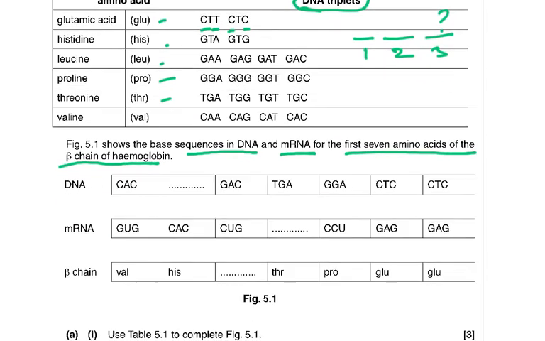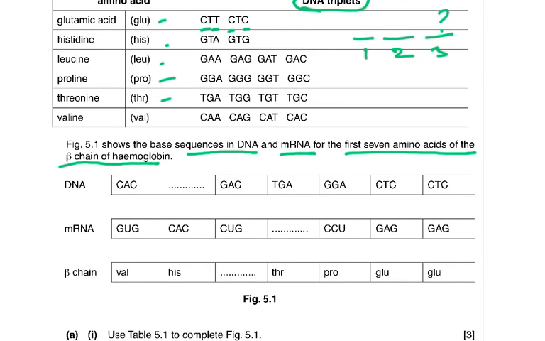Right? Now they've given you the mRNA. The mRNA is CAC. Now what will be the DNA of that? That will be GTG. Go from here back. Then for this one, they've given you the DNA TGA.